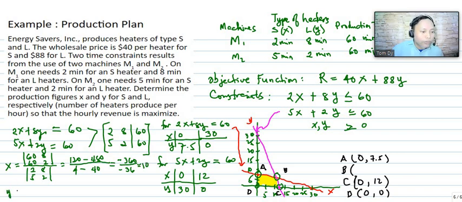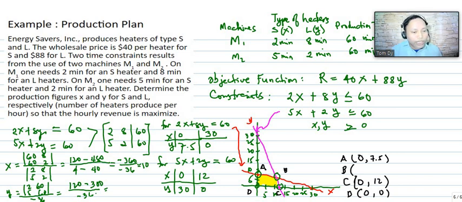How about the value of y? So y here is 2, 5, and then 60, 60. The denominator is negative 36. So that is 2 times 60, that is 120, minus 60 times 5, that is 300, divided by negative 36.